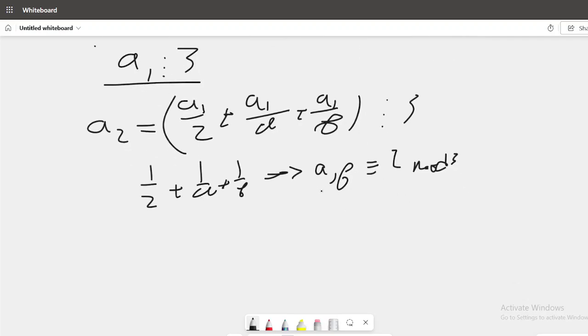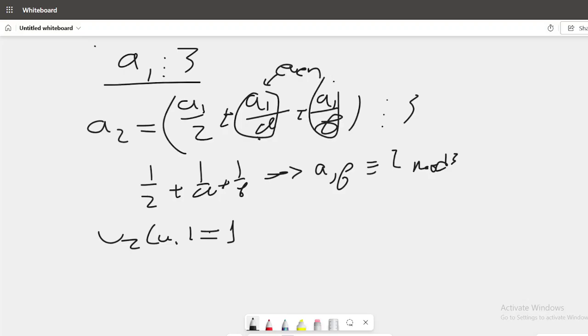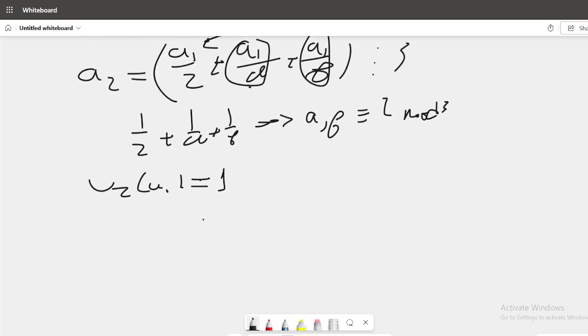But this means that v2 of a1 is 1, because if a1 is divisible by 4, then one of a and b will be 4, but it isn't because they're congruent to 2 mod 3. So a2 is odd, and the same argument that we used before applies. So we know that a1 is divisible by 6.